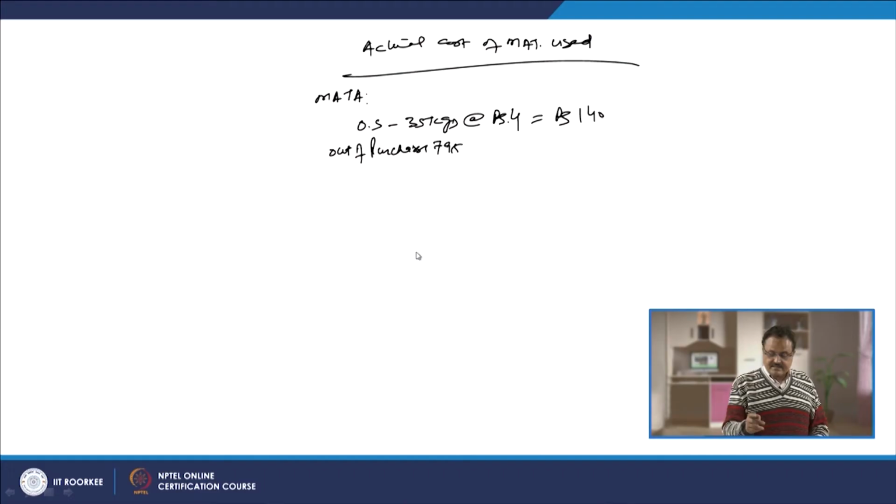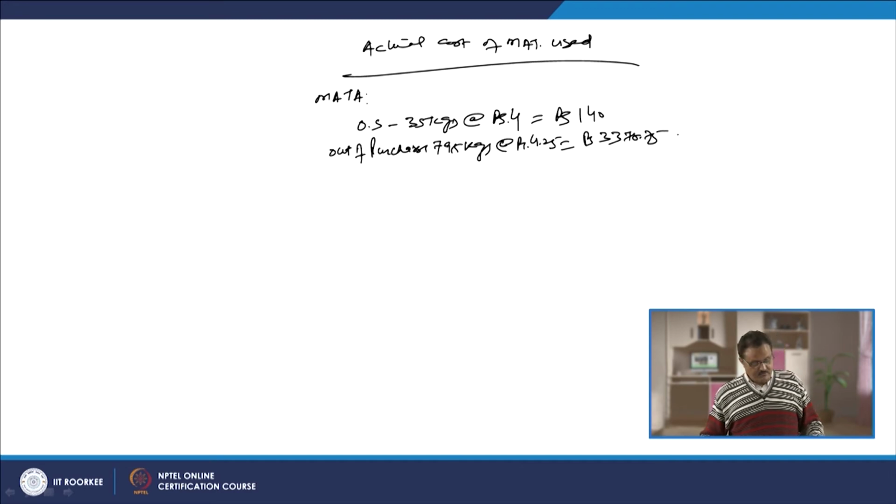So, out of purchases, 795 kgs at the rate of rupees 4.25 was used. What is the total cost of that part of the purchases which is used? This is going to be 3378.75, right.